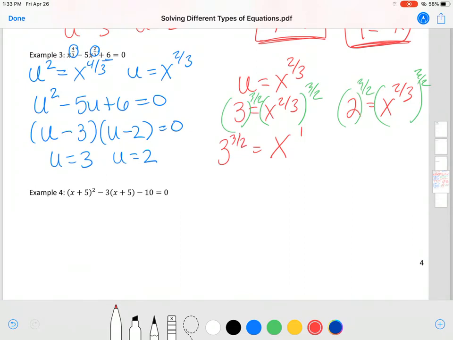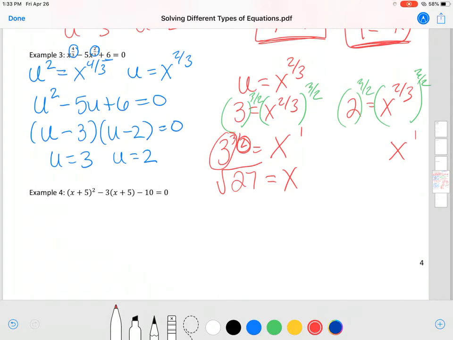If I want to put that in root form, remember the bottom number of a rational exponent is your root. So this is saying this is the square root of 27 because you have 3 to the 3rd, and then I take the square root. Just a review of exponent rules here. Okay, so I have x to the 2/3 raised to the 3/2.